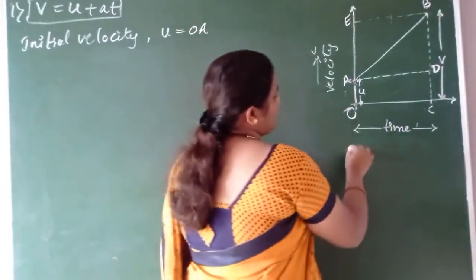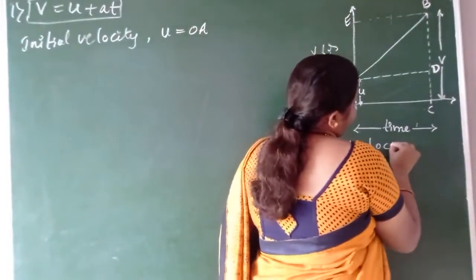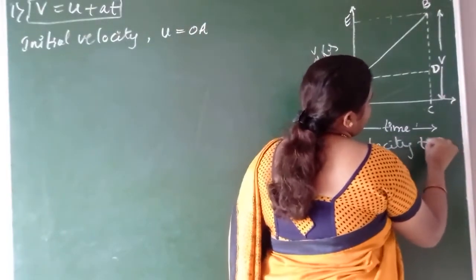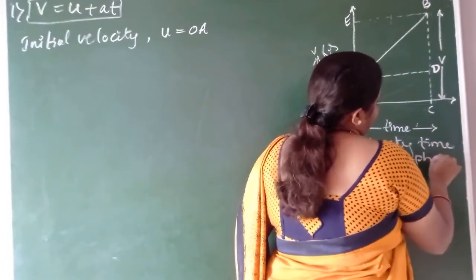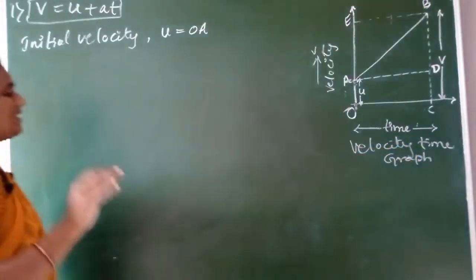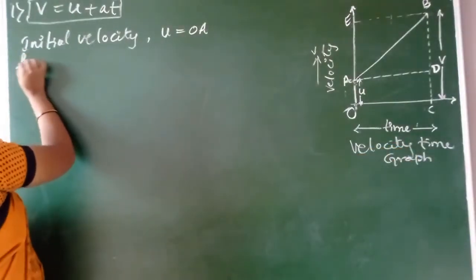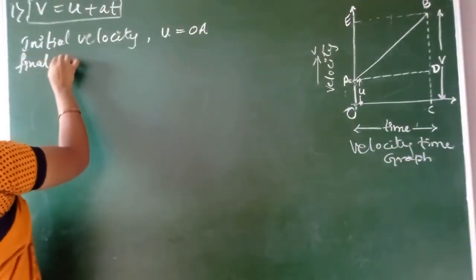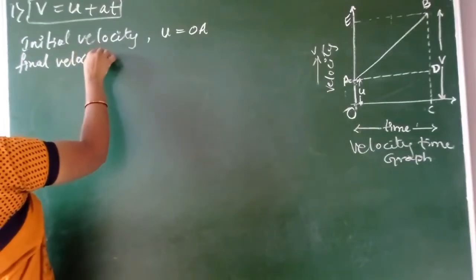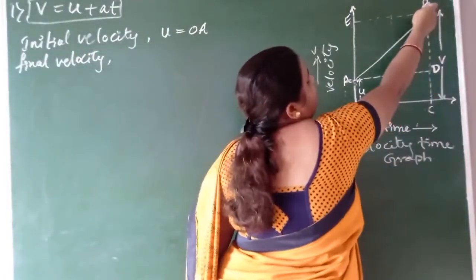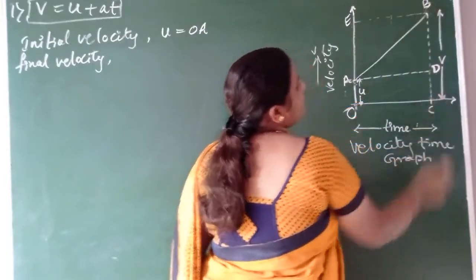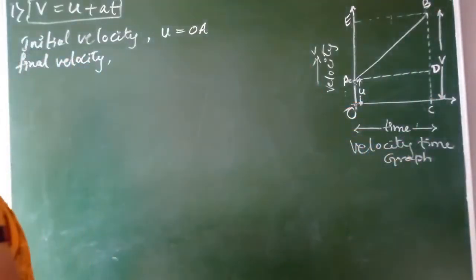This is the velocity-time graph, in uniform acceleration. Next, the final velocity is this, children. It goes from point B to C, no? This is the final velocity.